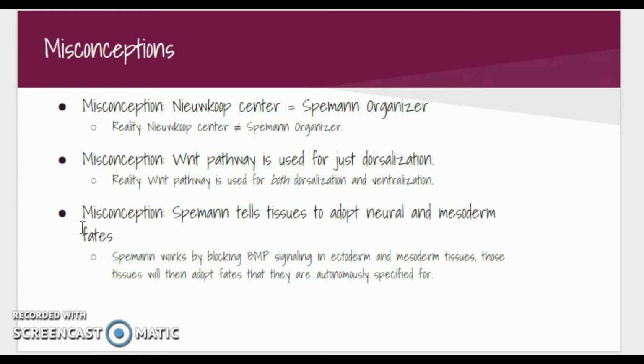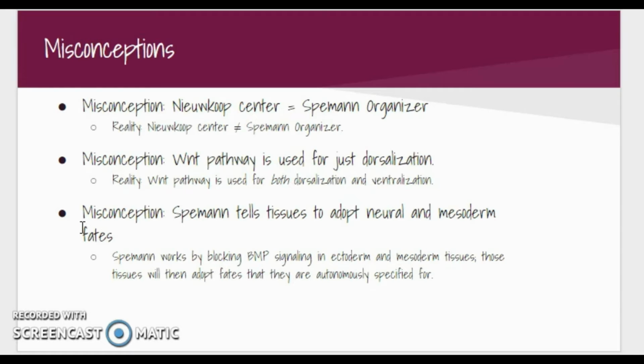So that shows that the ectoderm will actually be able to develop into the neural tissue without the Spemann organizer or BMP signaling. It's just that the Spemann organizer is going to be able to block the BMP signaling so that it's basically able to develop what it would normally autonomously be specified to develop as.